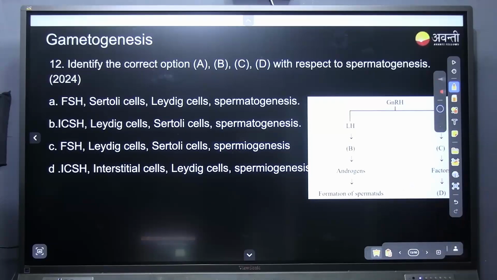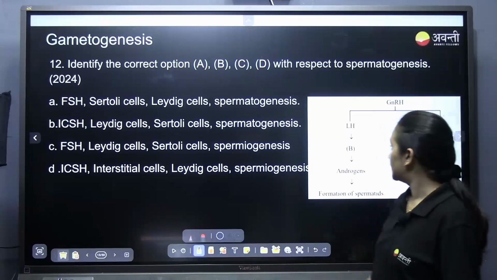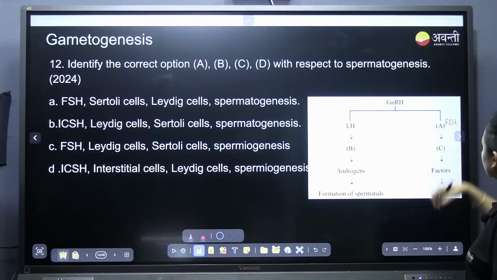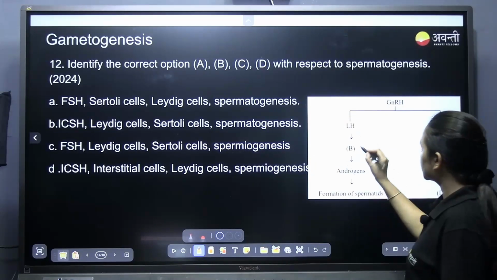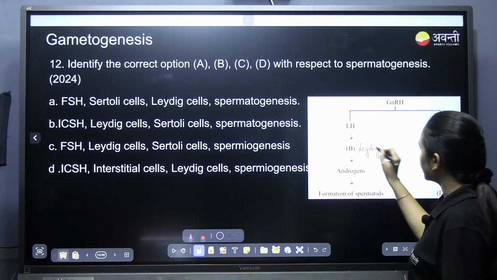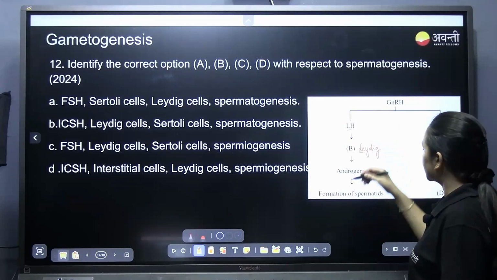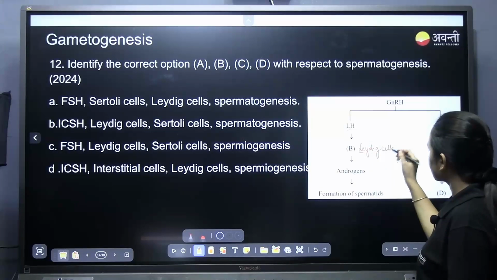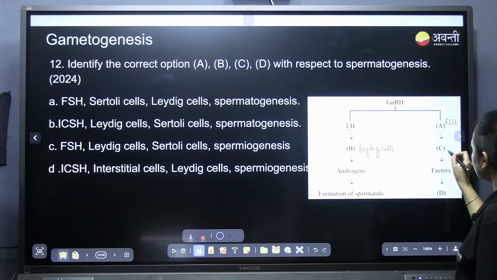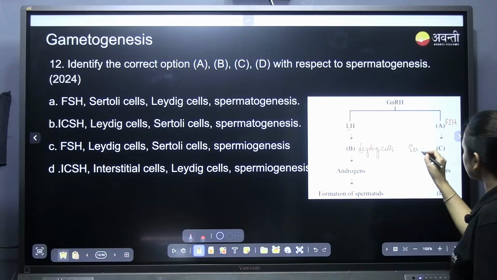Identify the correct option A, B, C, D. So what is A? A is FSH. What is B? LH acts on Leydig cells. L for L. And what is C? FSH acts on Sertoli cells.